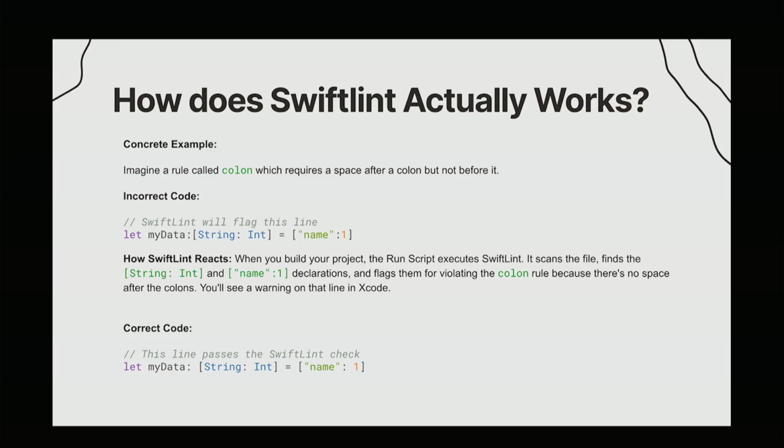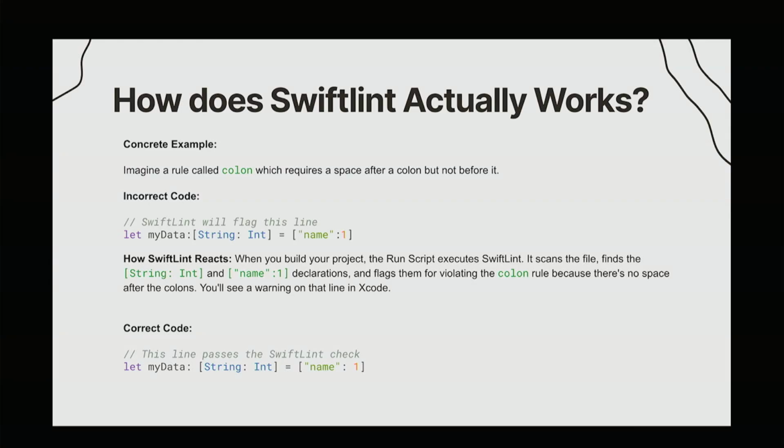Let's take a very simple example. In case we would like to make sure that there are spaces between the colons and the values. If you have defined a rule, you'll see the incorrect code, and in the correct code the big difference is that you have to make sure there's a space before the value.